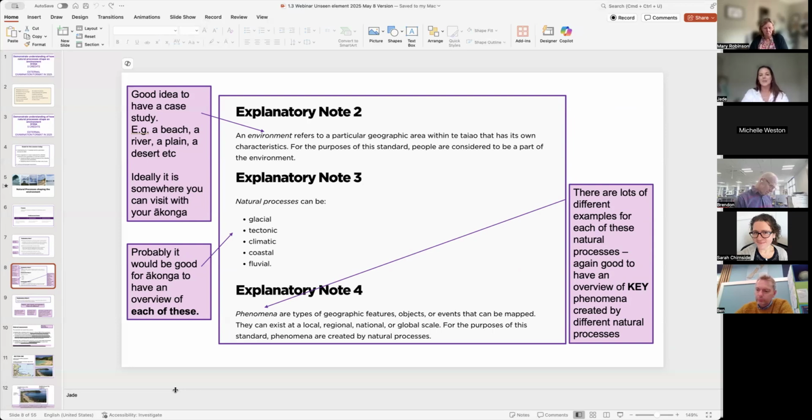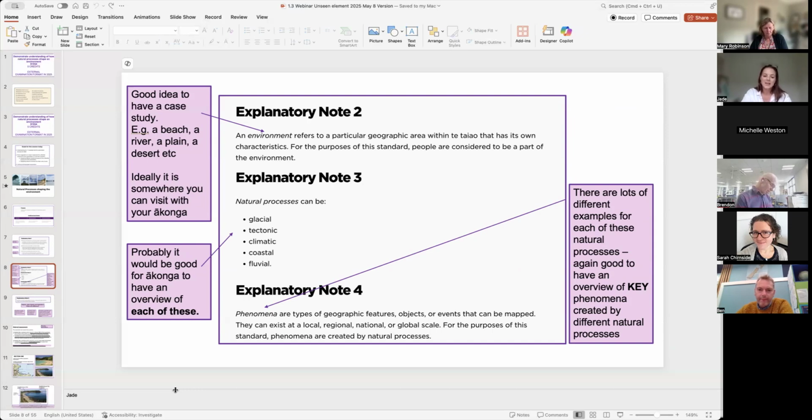Now, explanatory note 3 covers what natural processes are. So you've got 5, and we suggest that across your teaching and learning program, your students have experience and exposure to all of these processes.